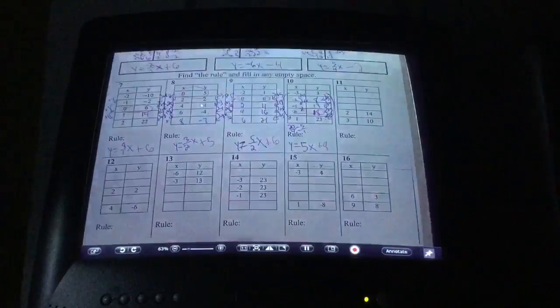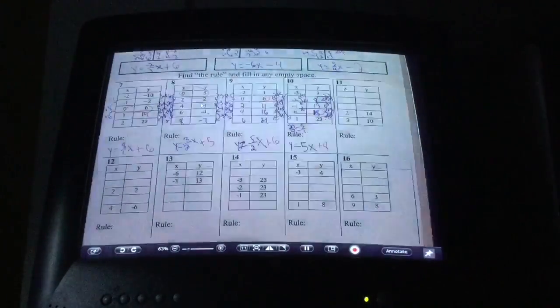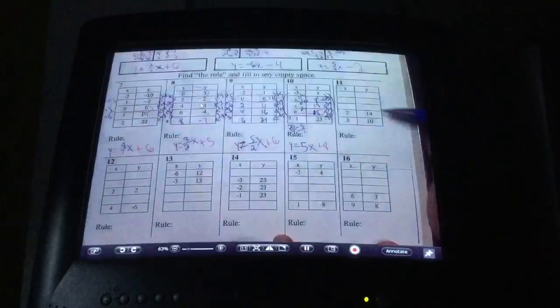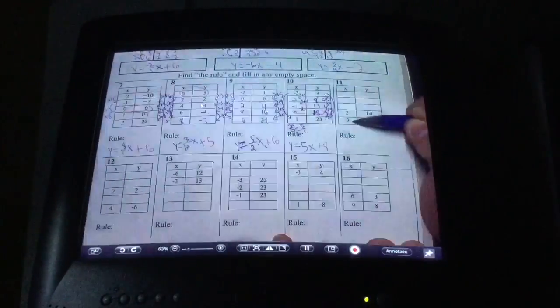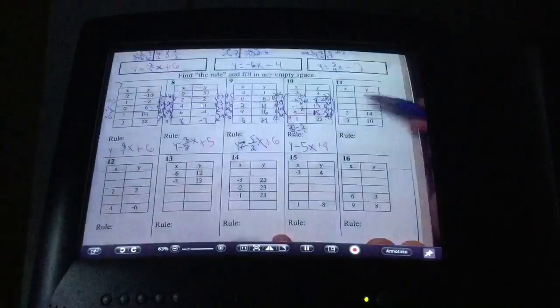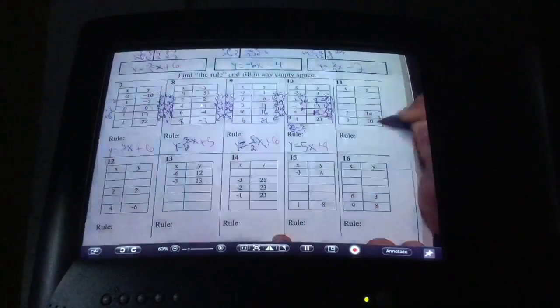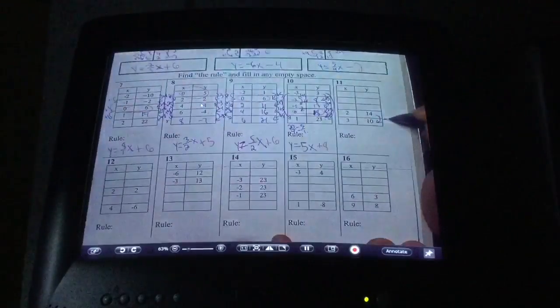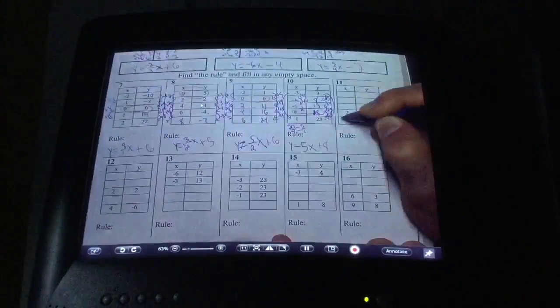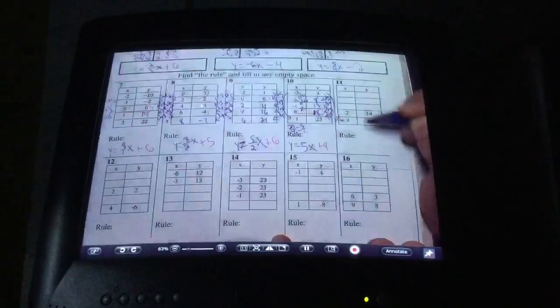Okay? Now this one's kind of unique because you have to work backwards in this one. Alright, so over here we have 2, 14 and then 3, 10. How do you get from 14 to 10? What we have to do is subtract 4, okay? And over here, we're adding 1.